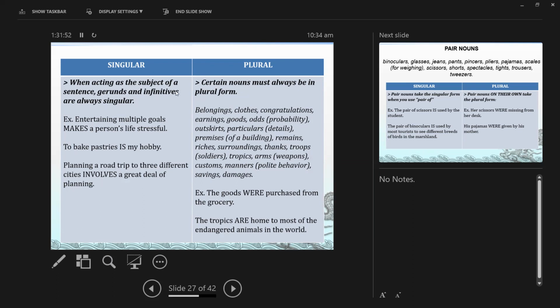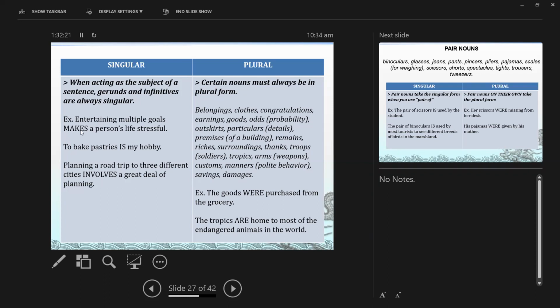When acting as the subject of a sentence, gerunds and infinitives are always singular. Example number 1: Entertaining multiple goals makes a person's life stressful. The word entertaining is the one that makes the action, so entertaining is singular form.